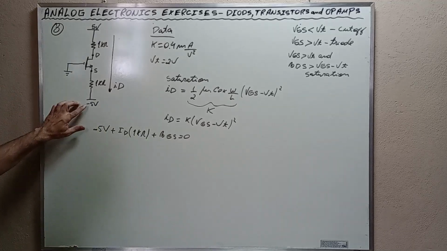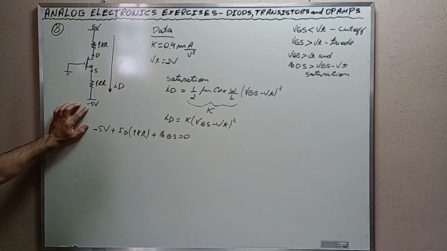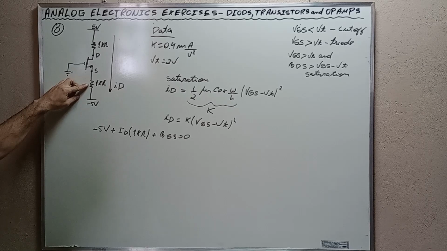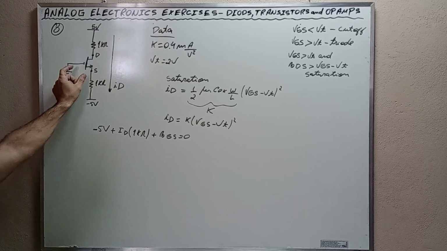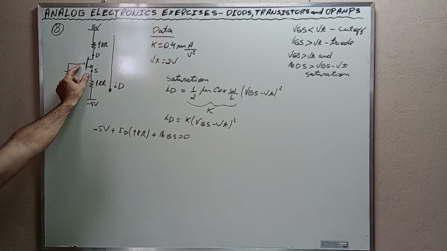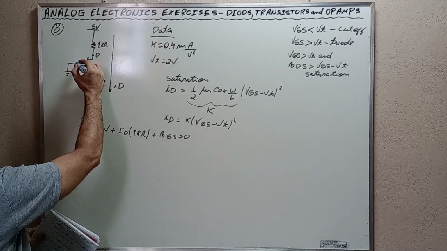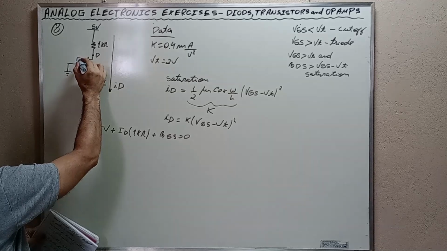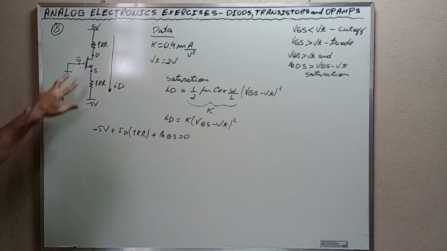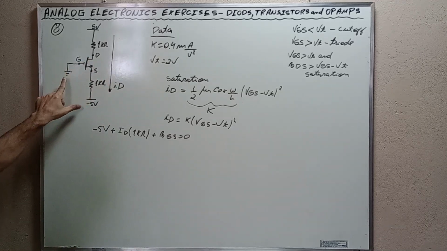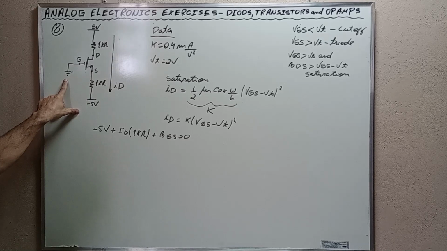Negative 5 volts plus this voltage drop, which is ID times 1 kilo ohms, plus the voltage between the source and the gate. This is the gate here. The voltage between the source and the gate is equal to 0 because the gate is grounded, alright?